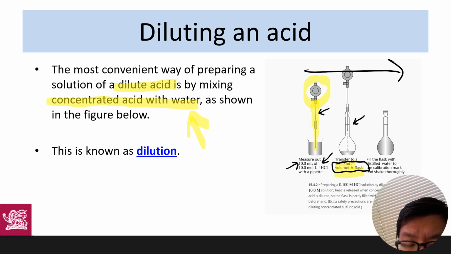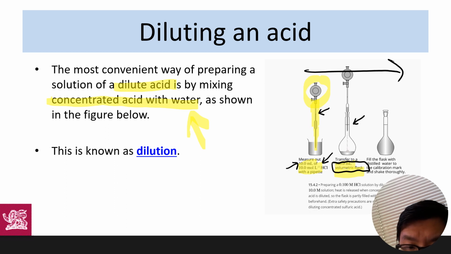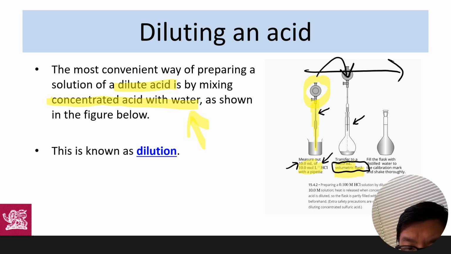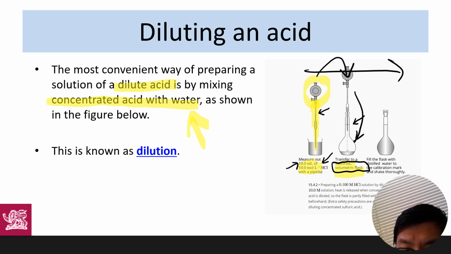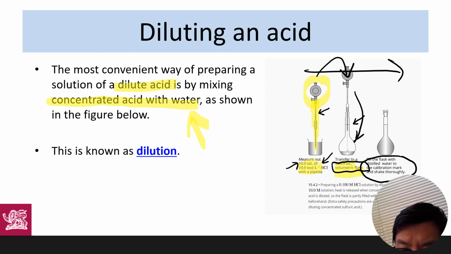So we're adding the 10 mils of 10.0 mole per liter HCl using the pipette, and then we're transferring it into this volumetric flask, and then we're filling the flask with distilled water, so water that has less random bits of stuff in it, to the calibration mark, which is this line here, which would be exactly 100 mil.